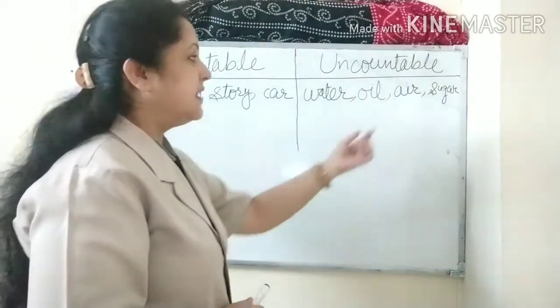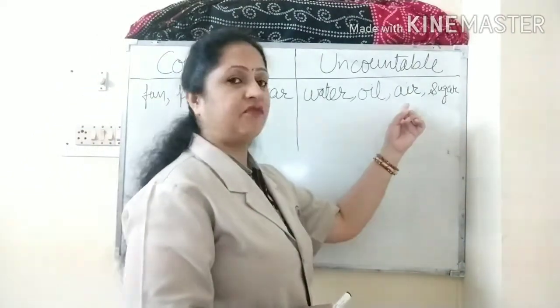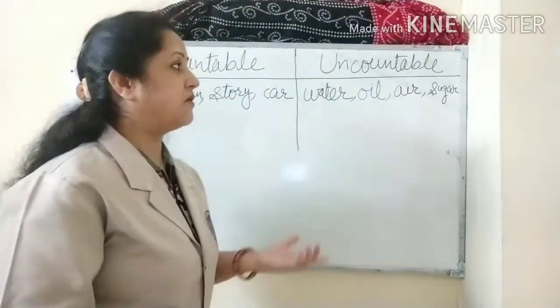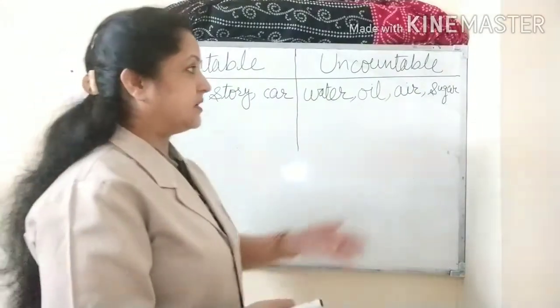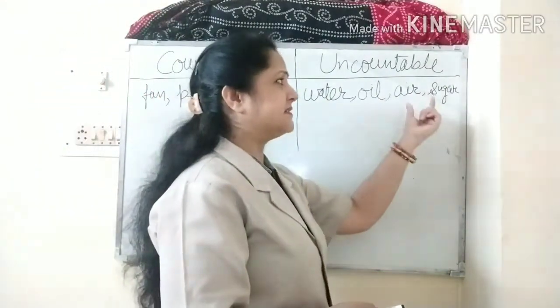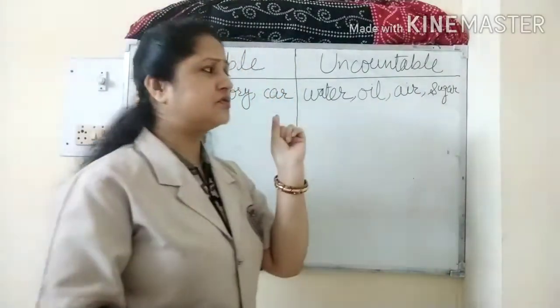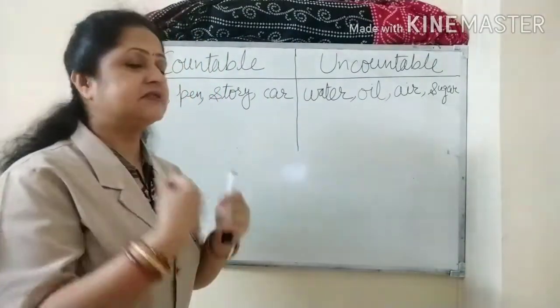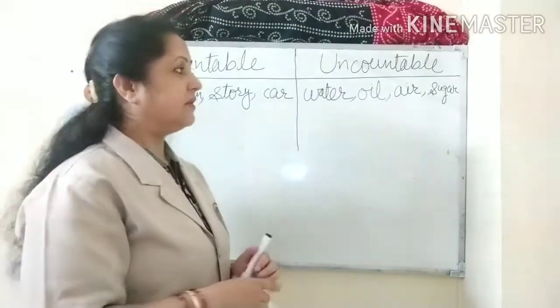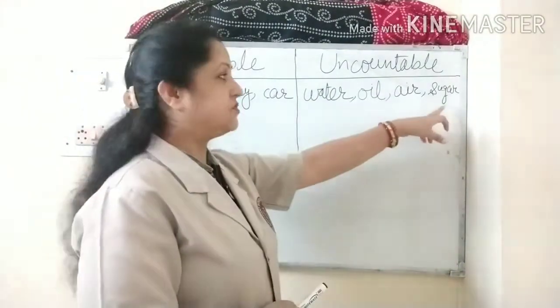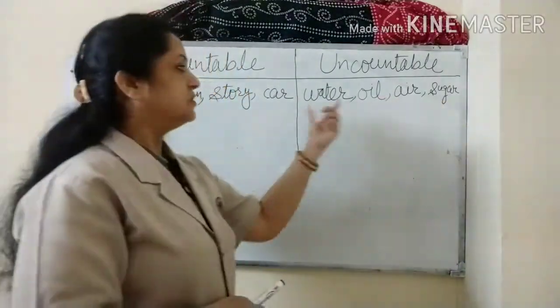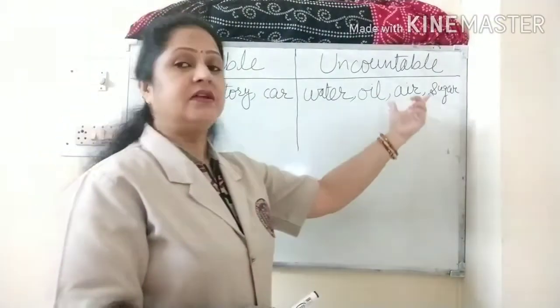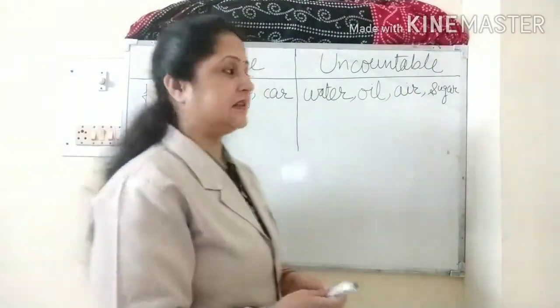In the same way, air is in its gaseous form and we cannot count air. And the particles of sugar are so small in size that you cannot count them. Therefore sugar is also uncountable. Water, oil, air, sugar, we cannot count these nouns.